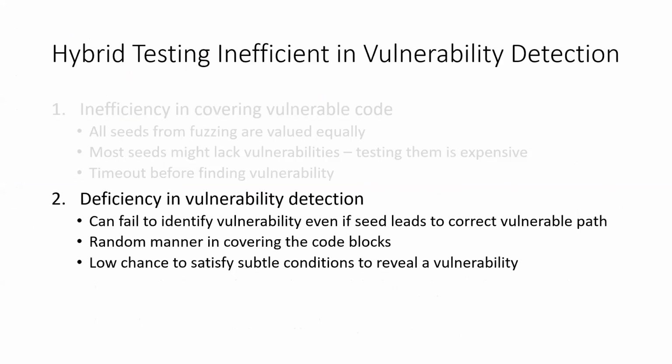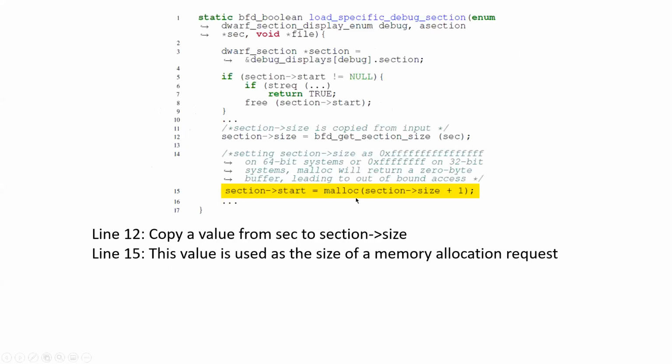Another reason hybrid testing is inefficient is that even if it manages to reach the vulnerable code, it might not be able to generate the correct inputs to reveal that vulnerability. This is an example code. On line 12, we copy a value from the variable sec into section size.